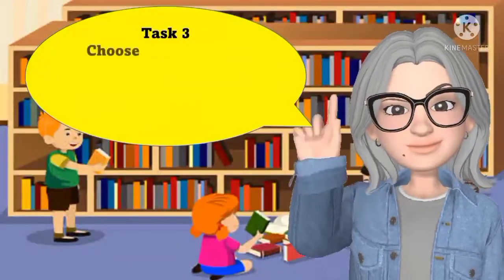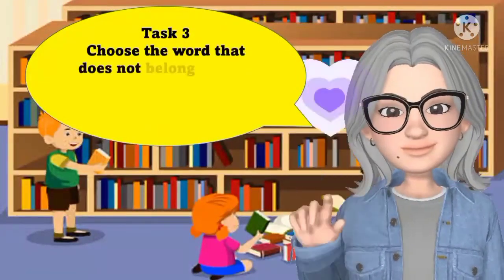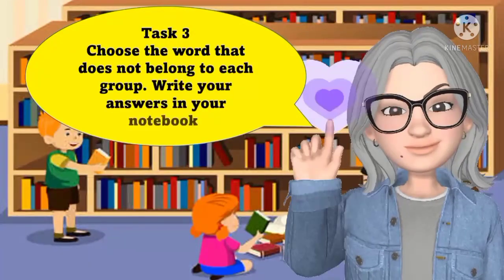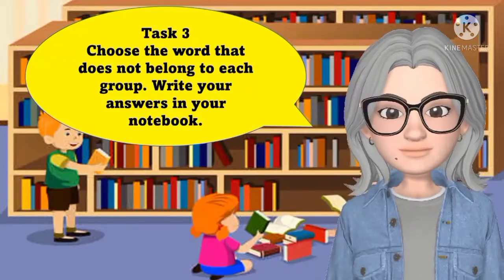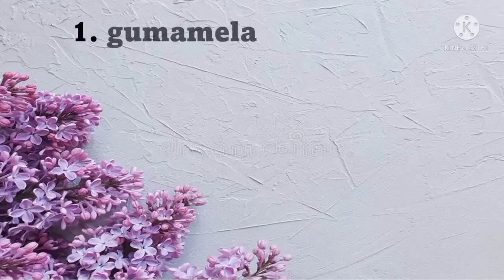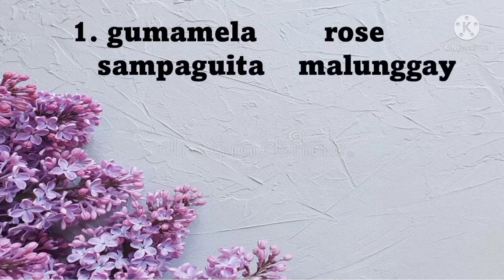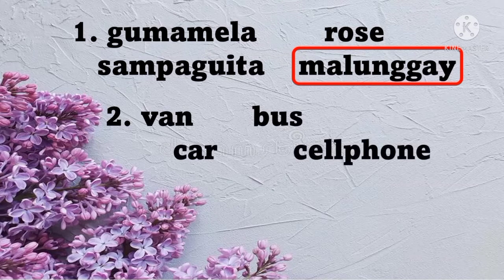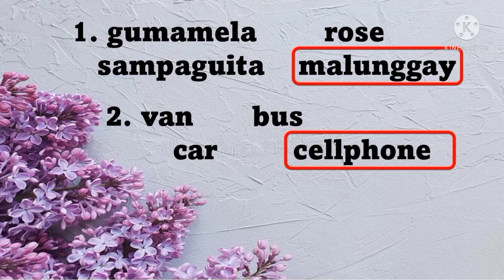For task 3, choose the word that does not belong to each group. Write your answers in your notebook. Number 1. Gumamela, rose, sampaguita, malunggay. The correct answer is malunggay. Number 2. Van, bus, car, cell phone. The correct answer is cell phone.